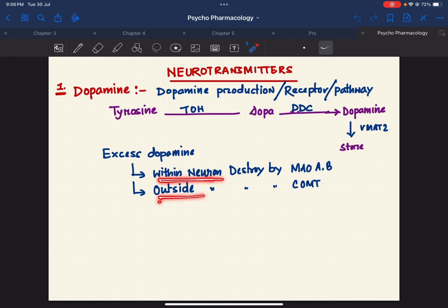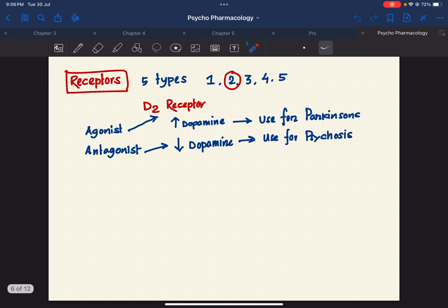If it is outside the neuron, it will be destroyed by the enzyme COMT, catechol O-methyltransferase. Now, there are 5 important types of receptors, but the most important receptor related to psychosis is the D2 receptor. We know any kind of dopamine increase in the pathway will cause psychosis.